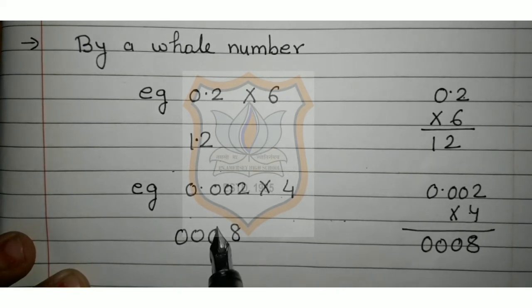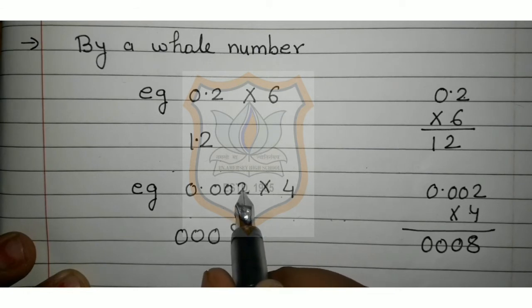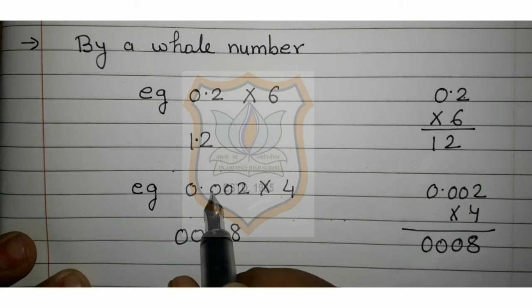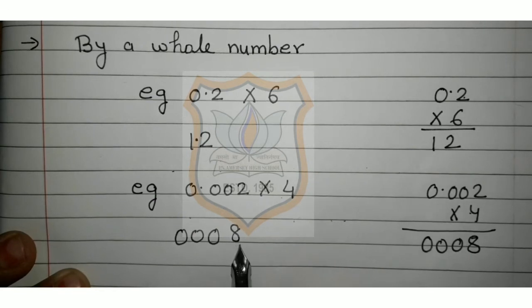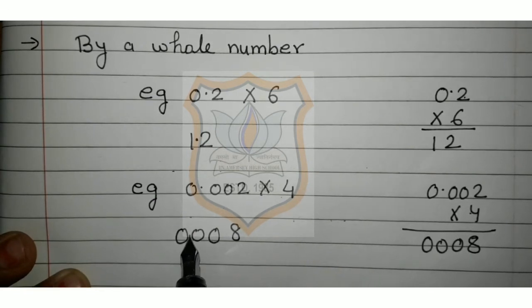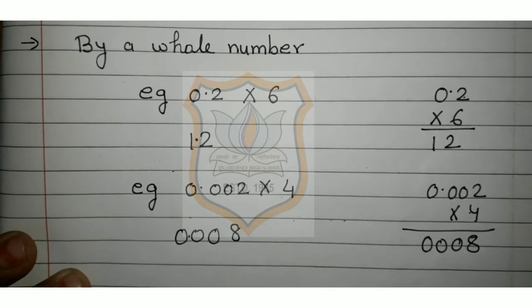Now we will count the digits from the unit place to where the decimal is. 1, 2, 3. The decimal is after 3 digits. So we will put the decimal after 3 digits. So our answer is 0.008.